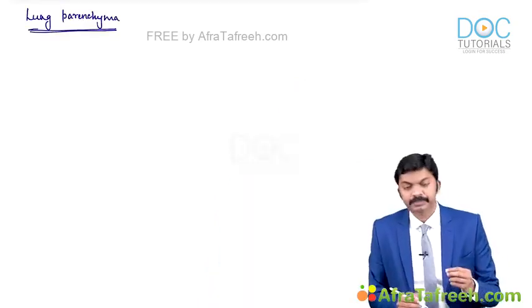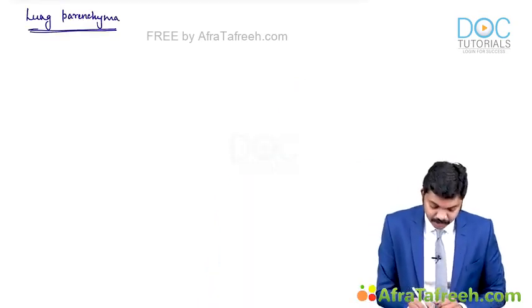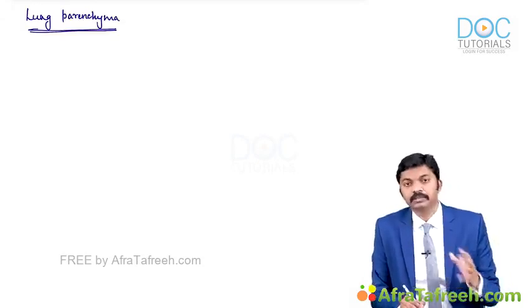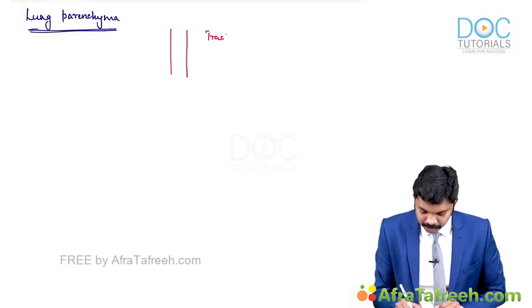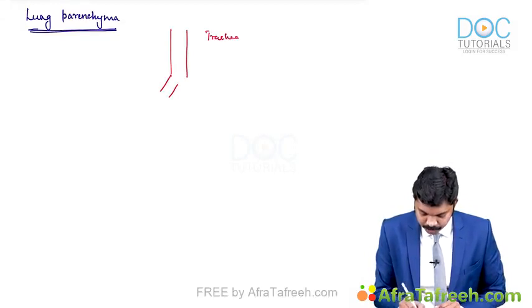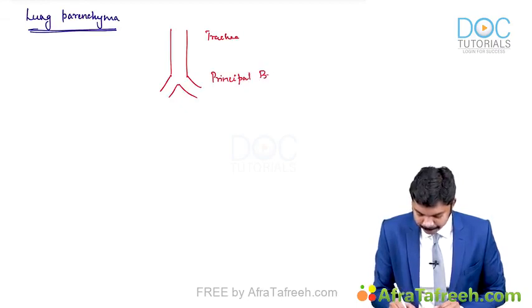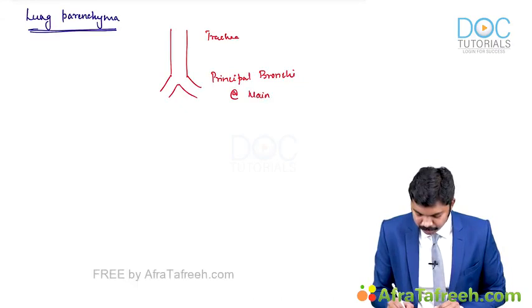Now to begin with, we do have airways, and that is how the whole lung is arranged, doctors. We have proximal airways, we have the trachea. The trachea divides into principal bronchi, also called main stem bronchi.